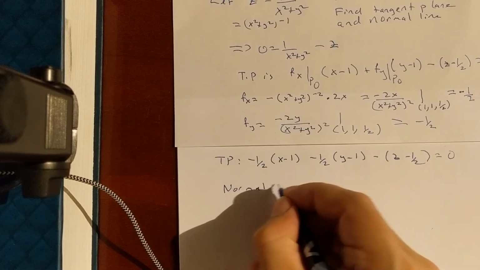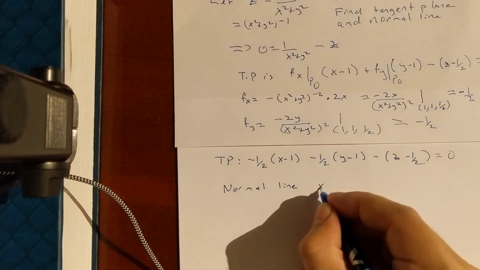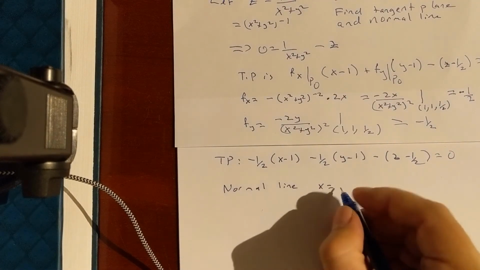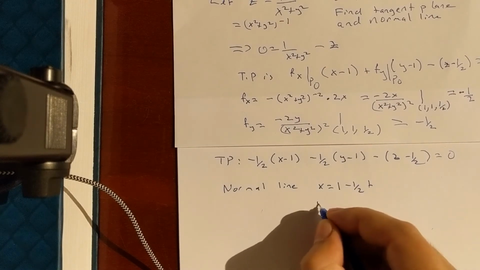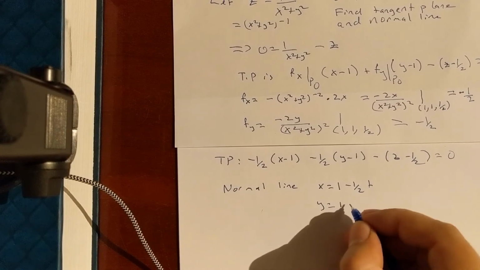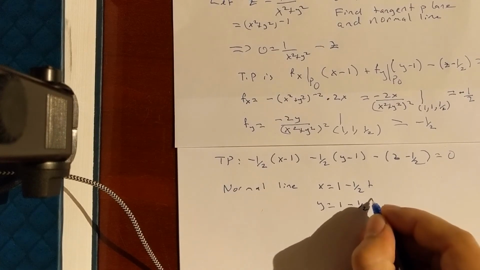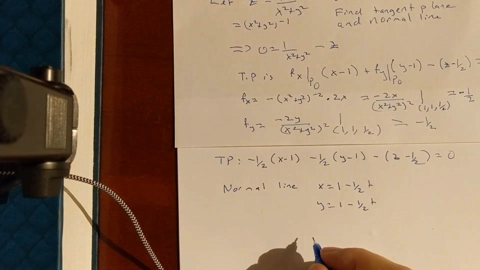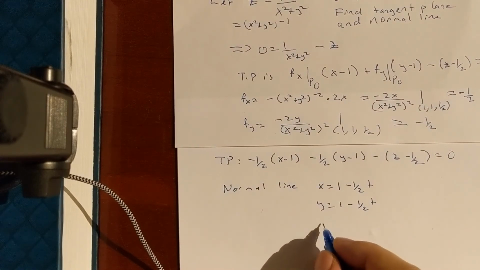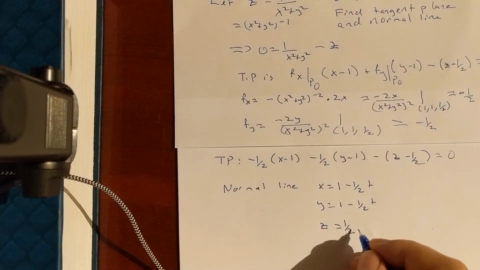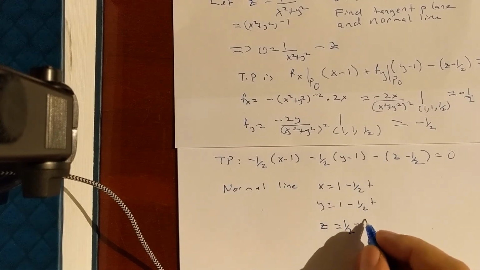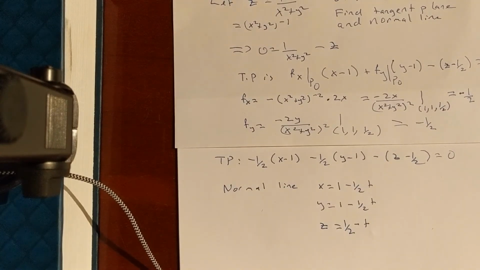Normal line, it's very easy to read off here. It's going to be x equal to, well, x naught was 1, minus 1/2 t. y, that was also 1 minus, again, 1/2 t. And z is going to be 1/2, minus, it's just 1 times t.